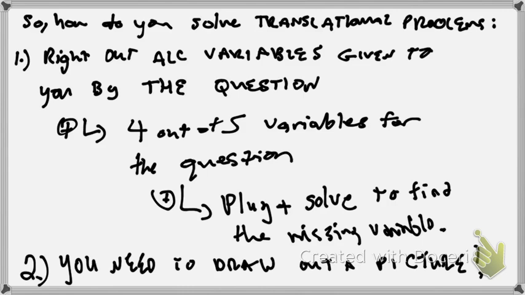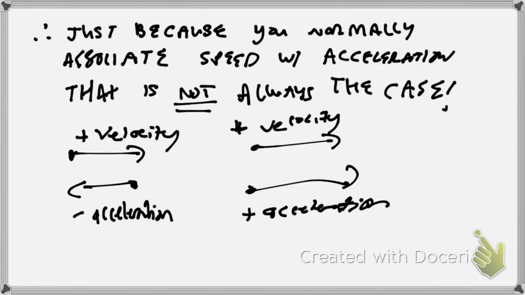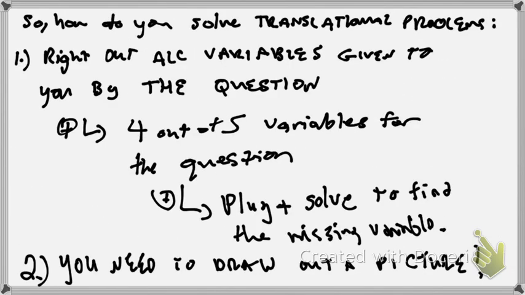So a translational problem is about moving one object from one point to the next point, right? If you draw a picture like I drew over here, right, it's easier for you to solve those problems, right? So drawing a picture always helps. All right, so let's look at a few examples then.